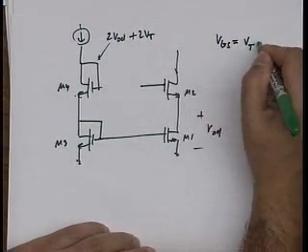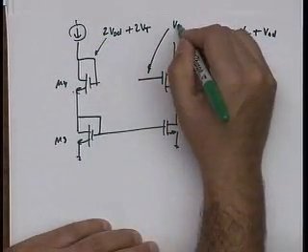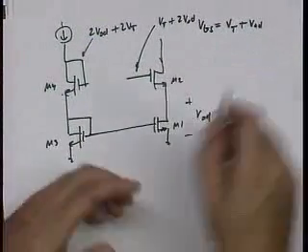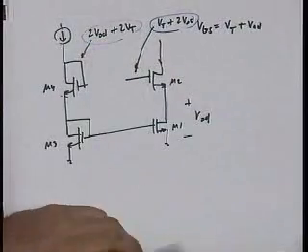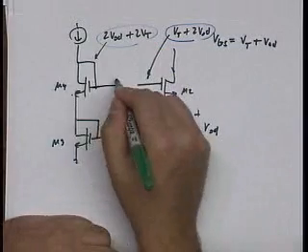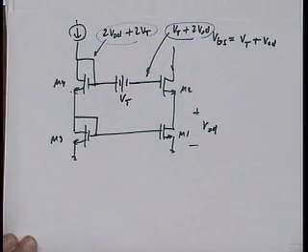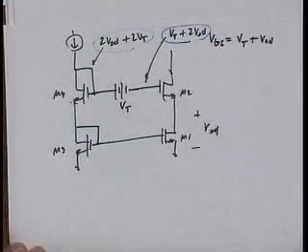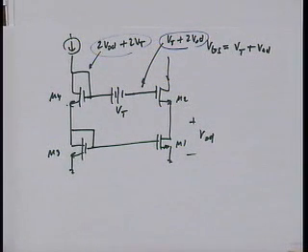VGS is VT plus an overdrive, means at this point should be VT plus 2 overdrive. So what I'd really like to do is to insert a battery here that generates a voltage VT and just subtract the VT out. And if this VT tracks process and temperature, then the circuit will work. Right? Clear to everybody?